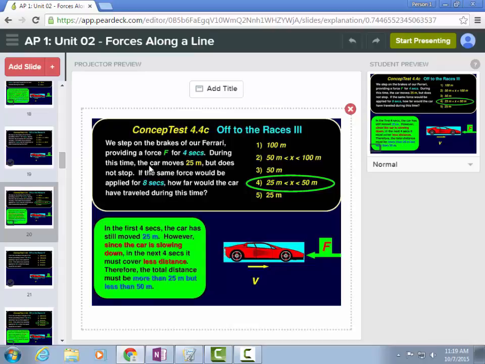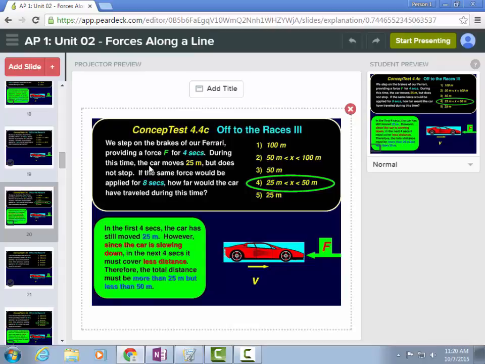So let me actually address it. So it was this problem. It was the Ferrari that goes 25 meters in the first 4 seconds, and then in the second 4 seconds, so then it says how far will it go in 8 seconds. And the explanation I gave was inadequate.